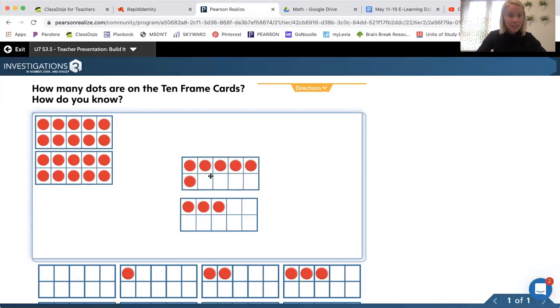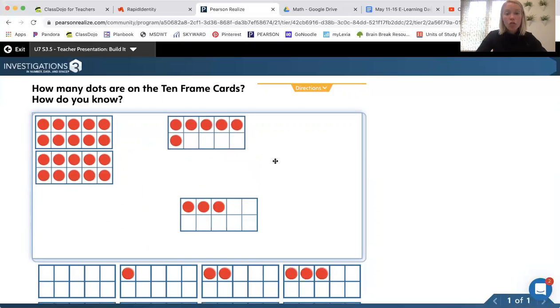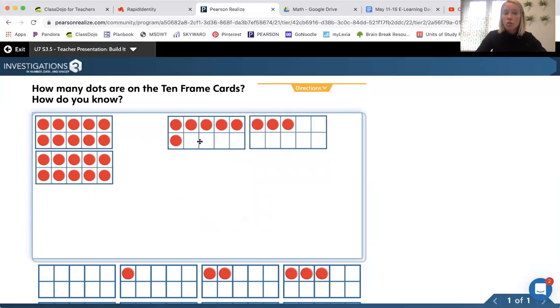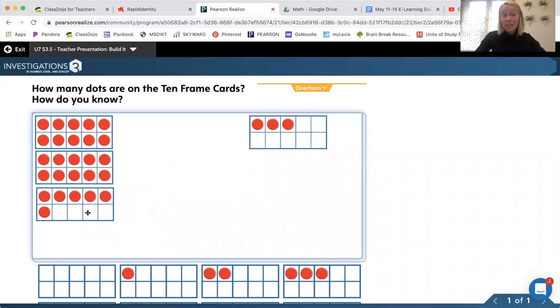You could put the tens together, so 2 groups of tens, and then you could put your ones together. So 6 and 3 more, 7, 8, 9. Okay, so you could say 29. All right. So there are a couple different ways that you could add those together.